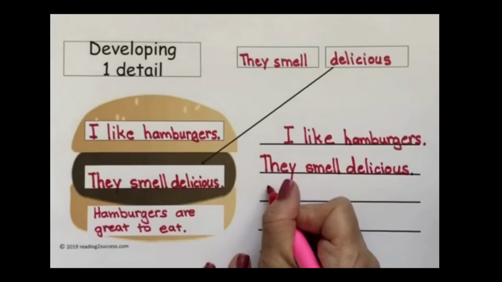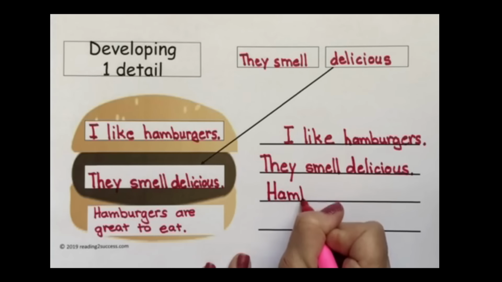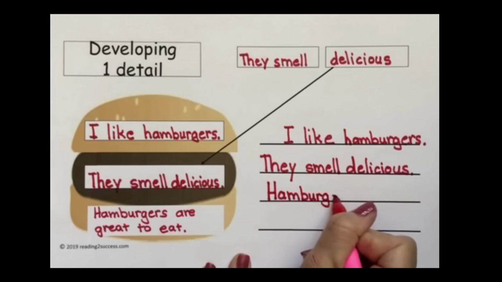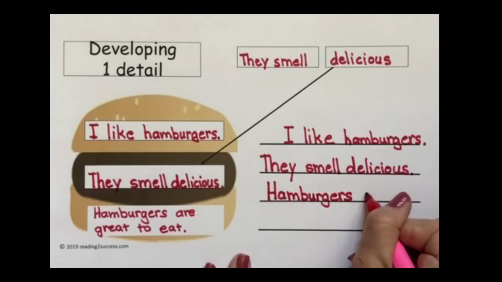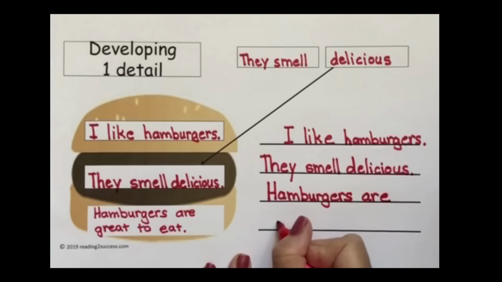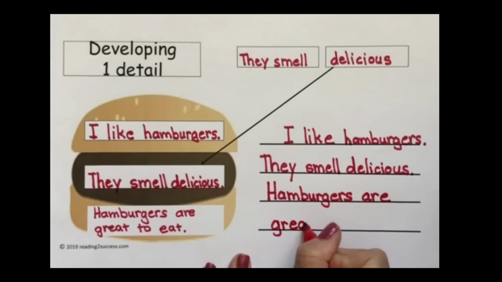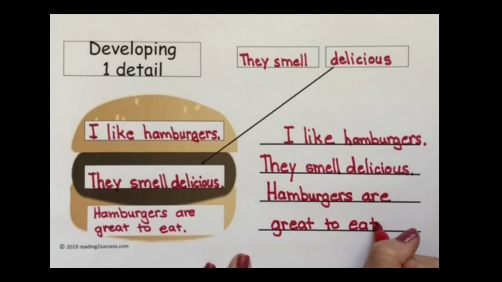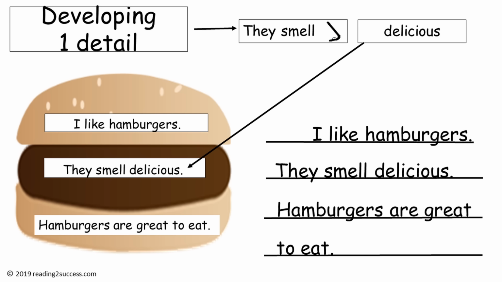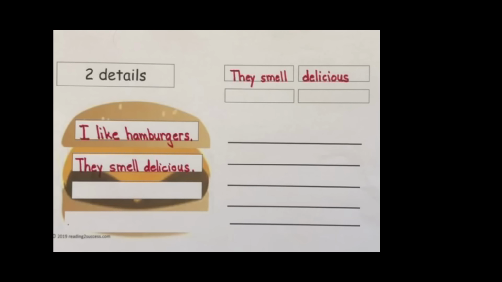And our last sentence, our closing sentence, hamburgers are great to eat. This is a reference chart that kids can use. Okay, we finished our first activity, our developing one with one detail.